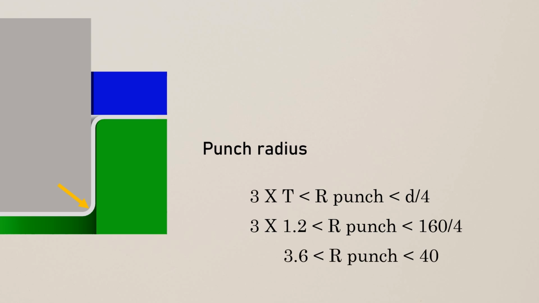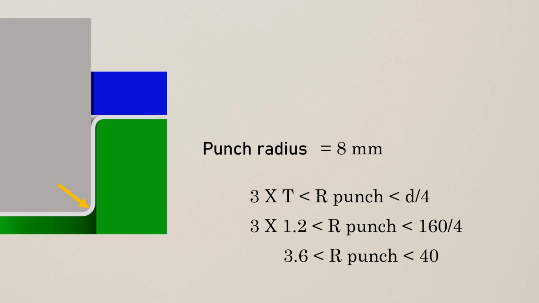An excessive punch radius reduces the contact between the blank and the cushion, leading to puckers at the bottom, and too sharp an edge can damage the sheet during drawing. So our punch radius should be between 3.6 and 40 mm. Let's consider 8 mm, matching the die radius for symmetry and better aesthetics.